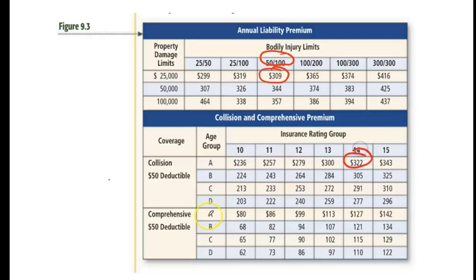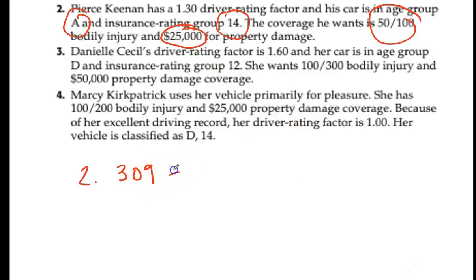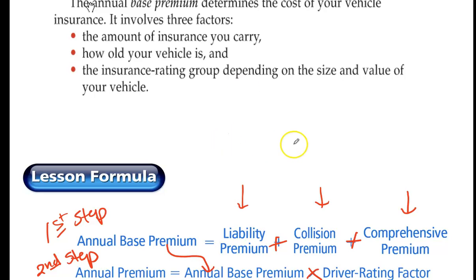Now A and 14 give me some other numbers I need. Here's your A14. So then I get 322 and 127. If I add those up, I get 758. So for the first step, I found my three numbers and added them up.